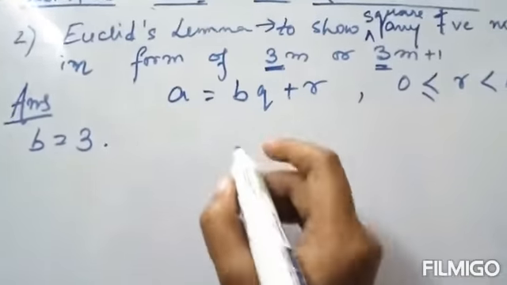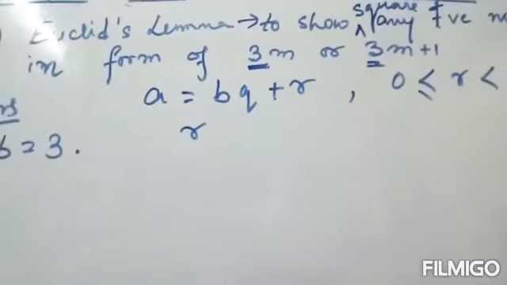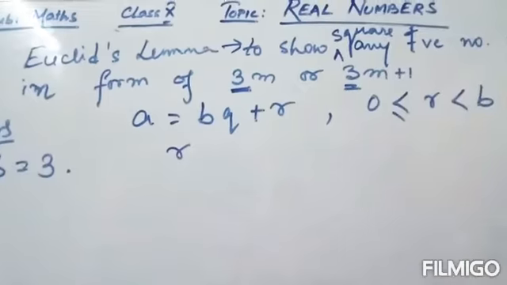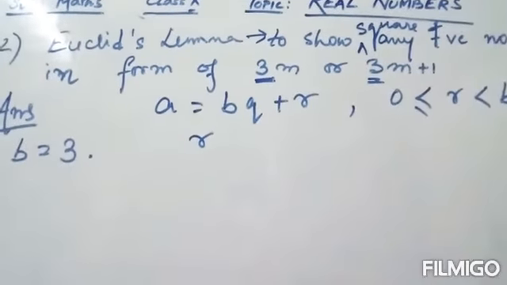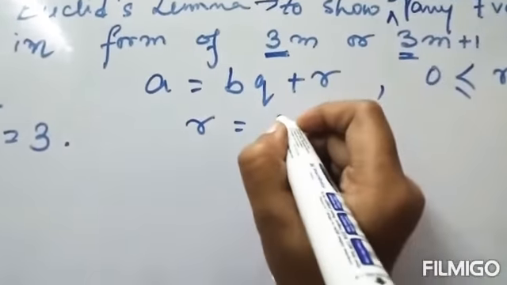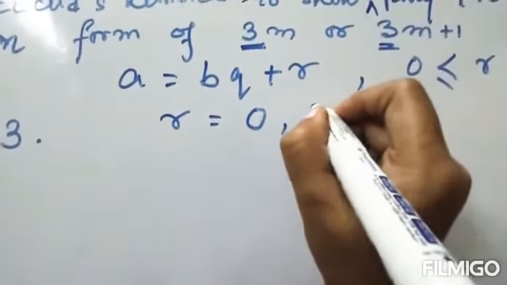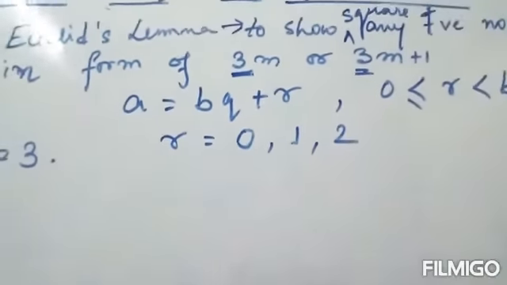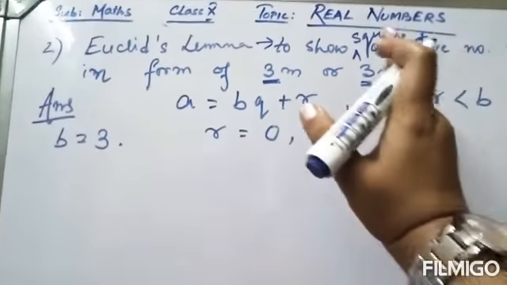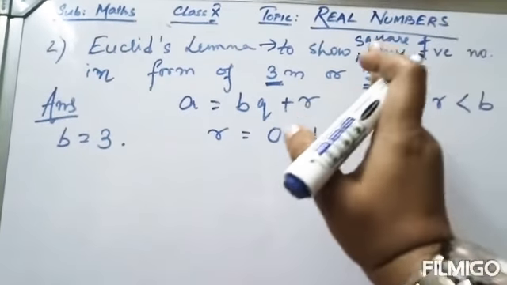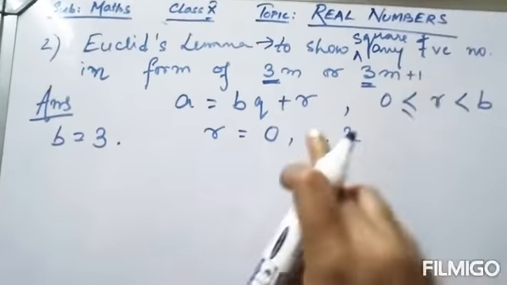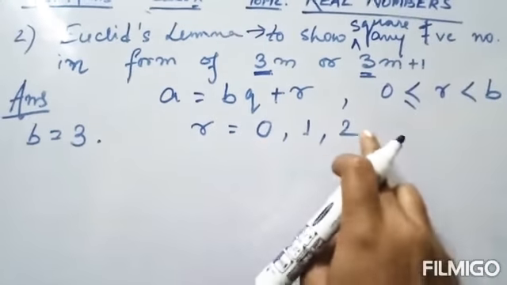What will be the value of R? R will be between 0 and 3. R can be 0, 1 and 2, right? It cannot reach 3. It has to be 0, 1 or 2.